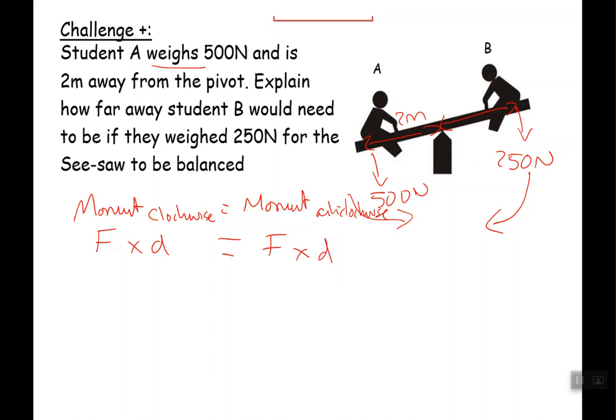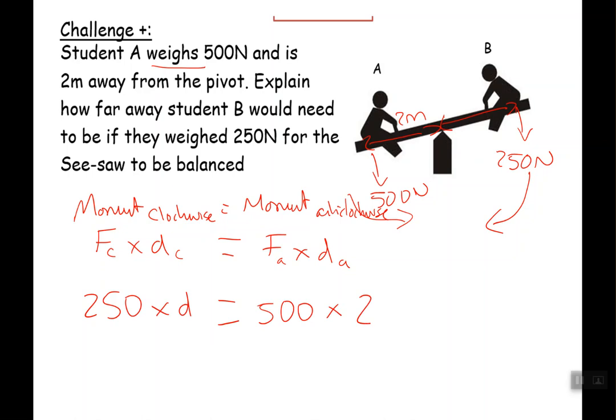If you want, we can call it the force clockwise, the distance clockwise, something like that, just so you know what's what. So clockwise is person B here. The force is 250. We don't know what the distance is, so let's just call it D. The anti-clockwise is 500 times 2.